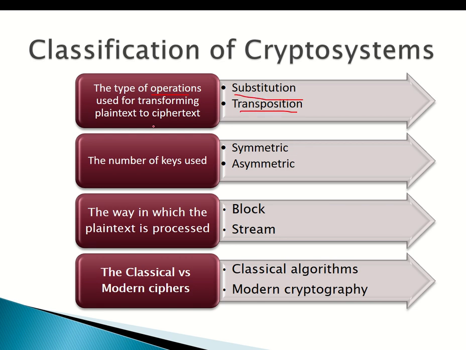But if you want to classify it based on the number of keys, how many keys they use, we have symmetric cryptography and asymmetric cryptography. One of them uses one key and the other one uses two keys, more than one key.